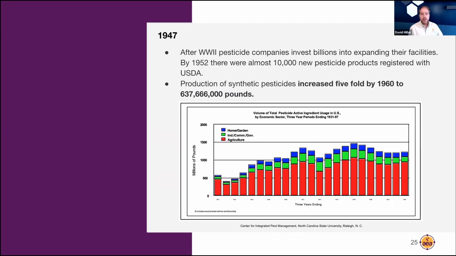So jumping forward, 1947, at the end of World War II, chemical companies invested billions into expanding facilities because many of the chemicals that had been developed in labs during the war effort were found to be effective in killing, and yes, killing insects.